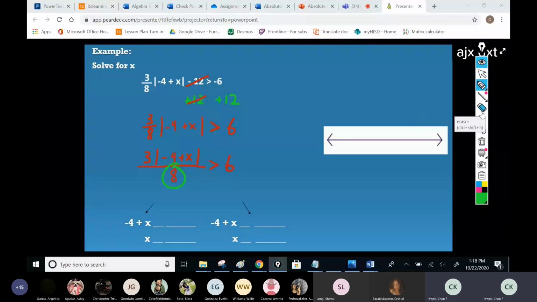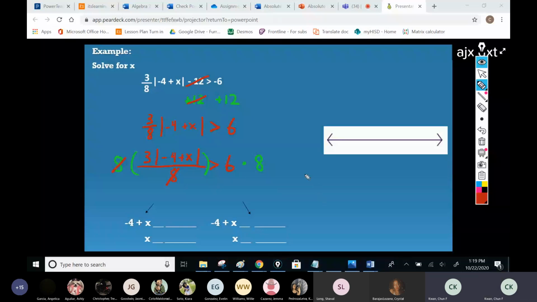So we will take care of the divide by 8. We have to do the opposite, so we times 8 on the left and on the right.